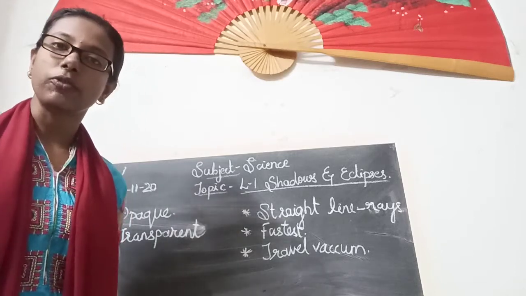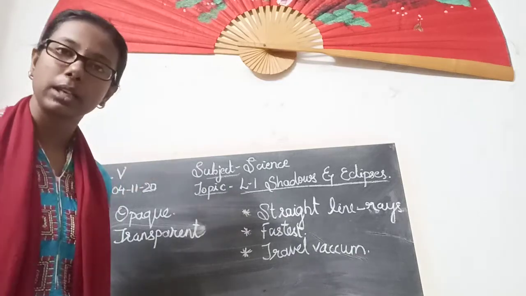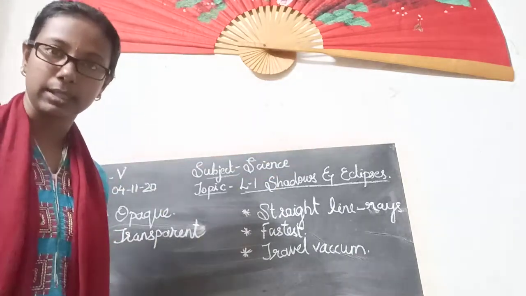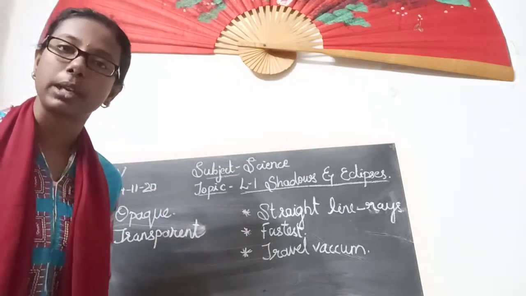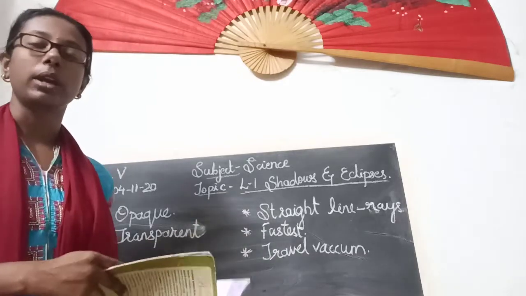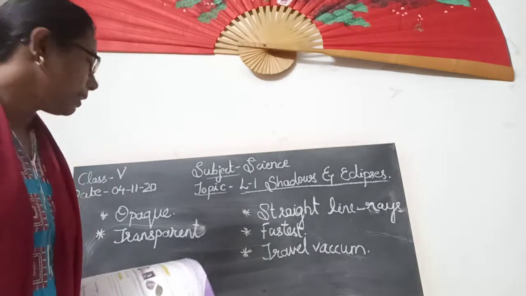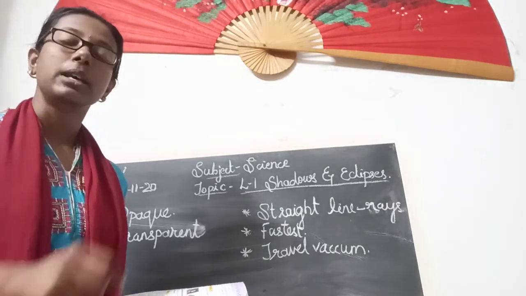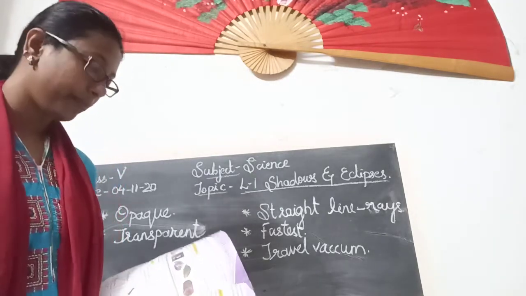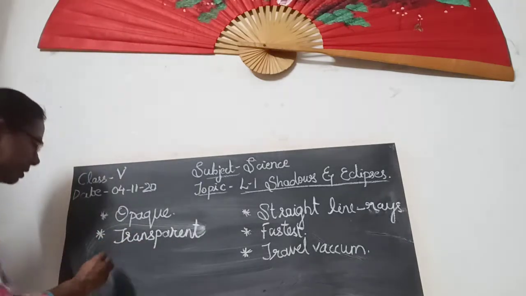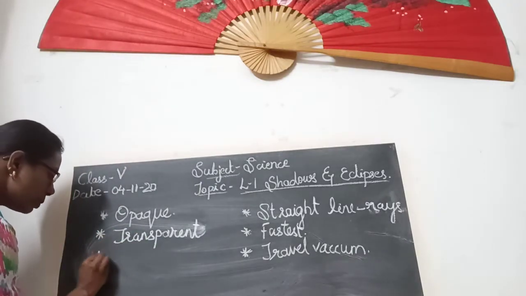Any plastic sheet if you hold, you can see completely whatever is on the other side. That means it is transparent in nature. So examples are clear water, glass and some thin plastics. Now the next one is translucent.